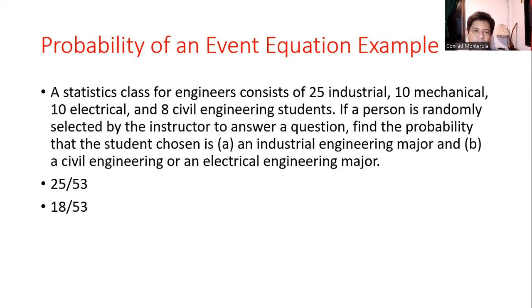Ano? A statistics class for engineers consists of 25 industrial, 10 mechanical, 10 electrical, and 8 civil engineering students. If a person is randomly selected by the instructor to answer a question, find the probability that the student chosen is A, an industrial engineering major.